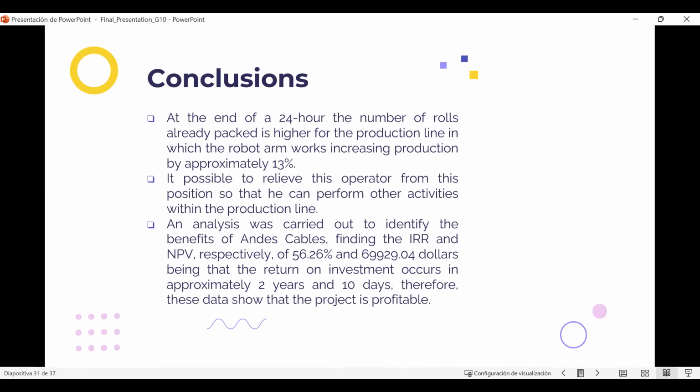And the last one is that an analysis was carried out to identify the benefits of Andescables, finding the ERR and NPV respectively of 56.26% and the respective value in dollars, being that the return on investment occurs in approximately 2 years and 10 days. Therefore, this data show that the project is profitable. Thank you.